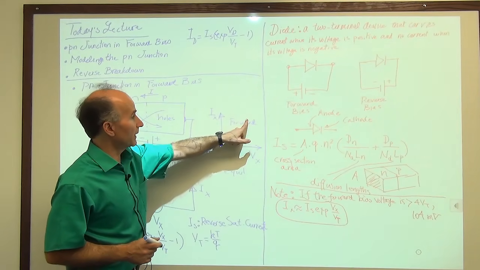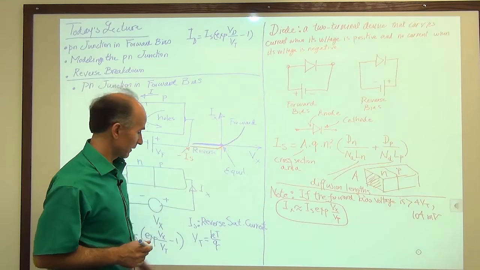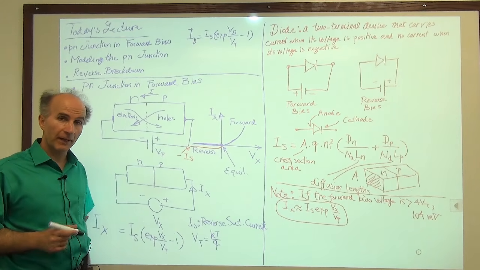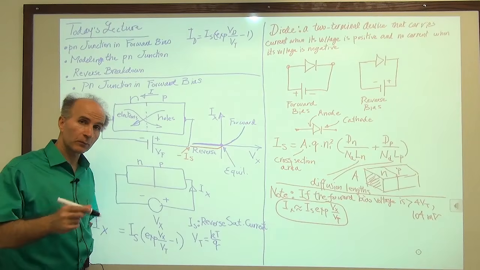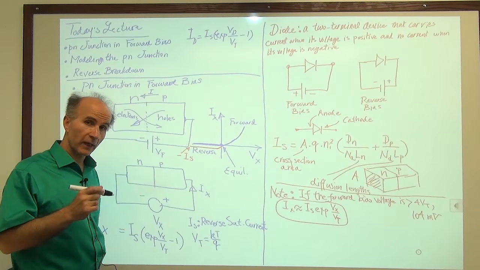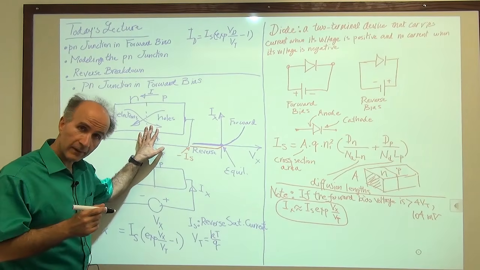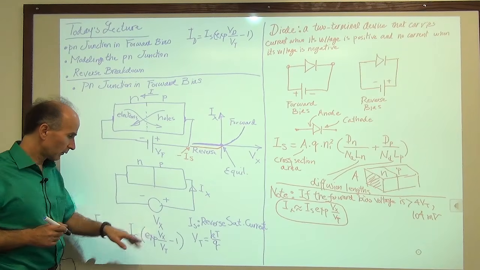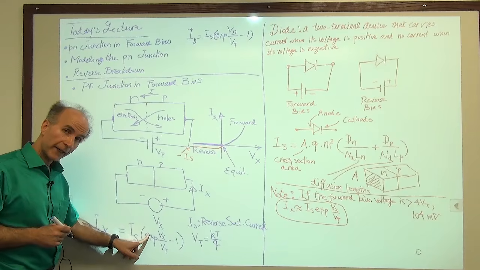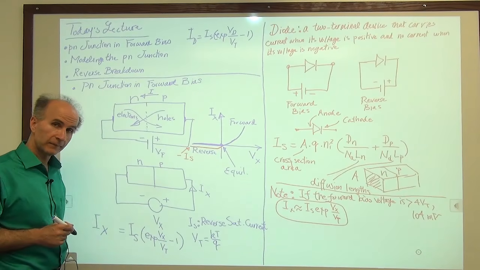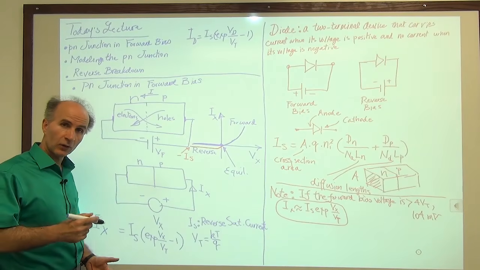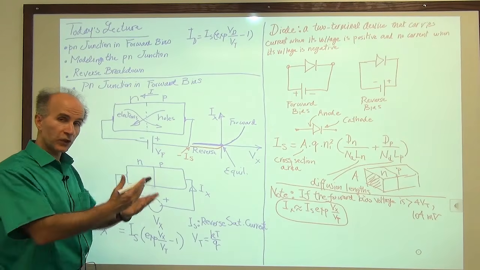So we are way up here, and that means that we can safely neglect this 1. So from now on, anytime a Pn junction is forward biased, we will assume that the relationship between the current and the voltage is just Ix equals Is exp of Vx over Vt. You always have to remember this 1, but as engineers, we have to know when to make which approximation.